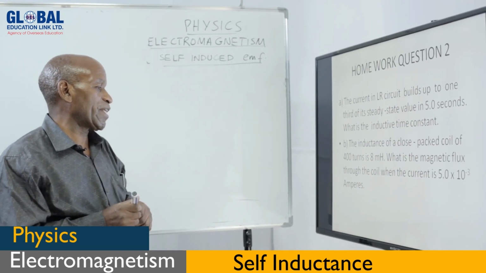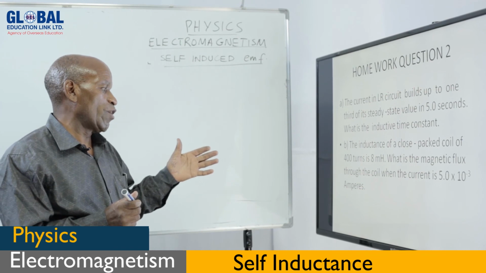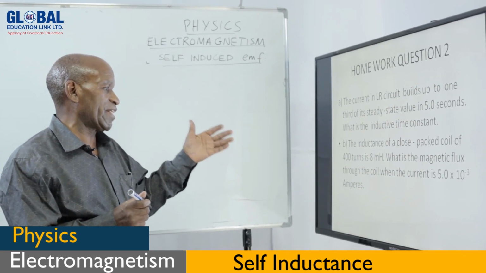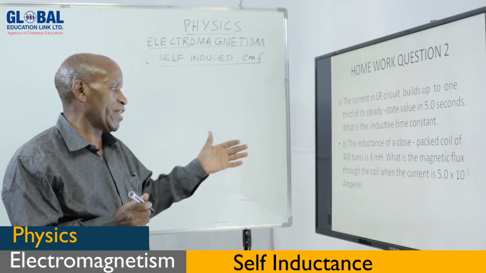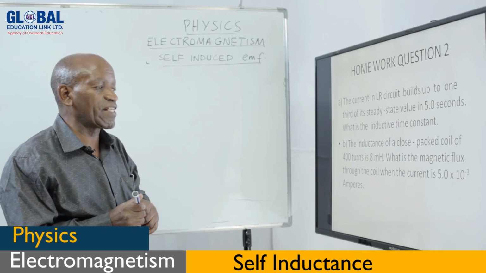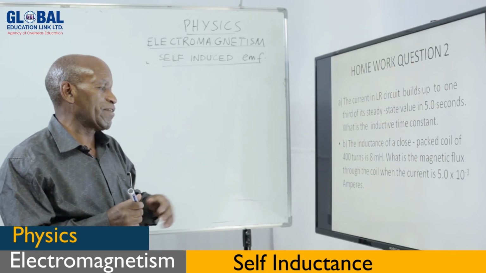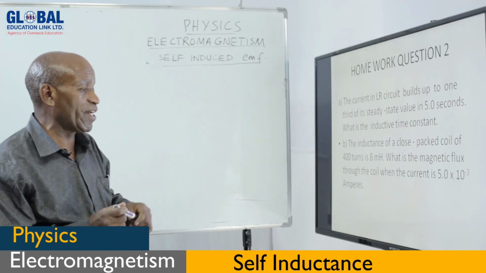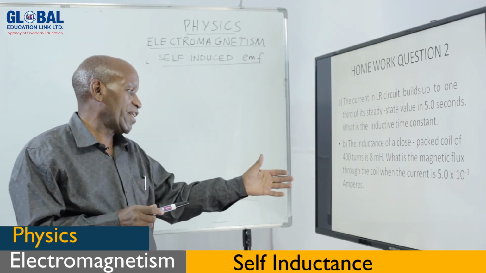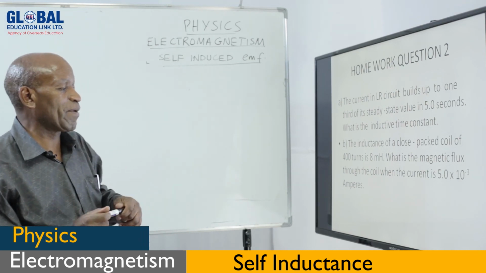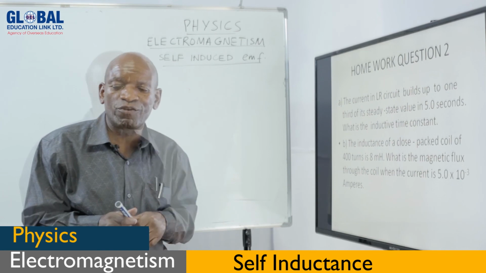For the second part as well, we have been given the inductance of a closed-packed coil of 400 turns as 8 millihenries. This is just like an inductor. Now we have been asked to determine the magnetic flux through that particular coil when the current flowing through it is 5 times 10 to the negative 3 amperes. You can refer to those formulas.